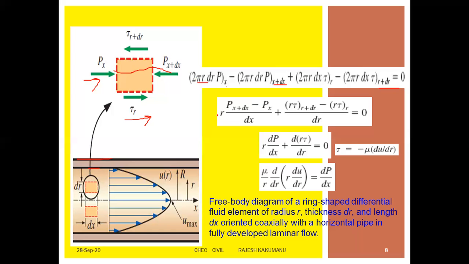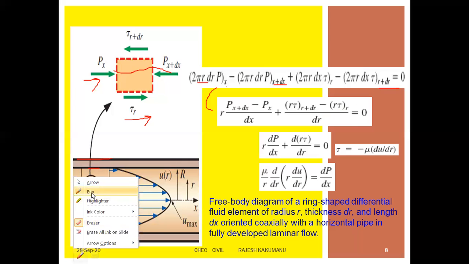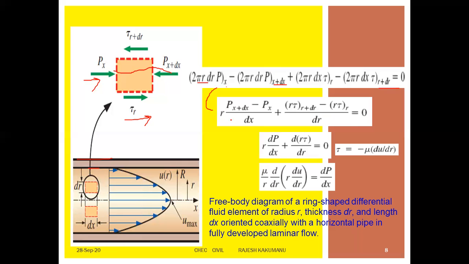Now this equation will be simplified: r times p of x plus dx minus p of x, by dx, plus r tau at r plus dr minus r tau at r, by dr, is equal to 0, right? After simplifying this, we get this equation.